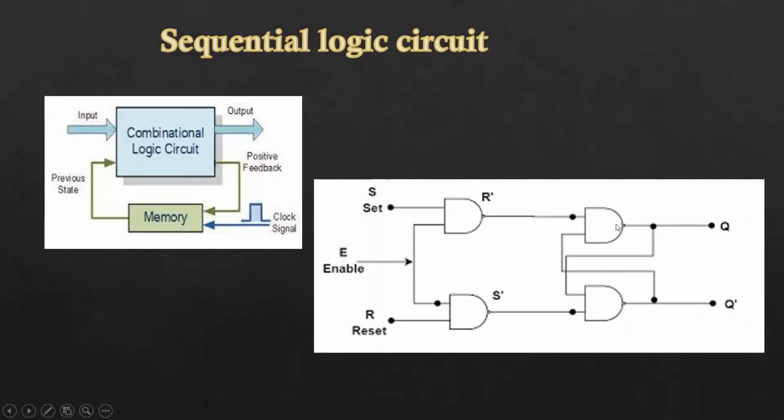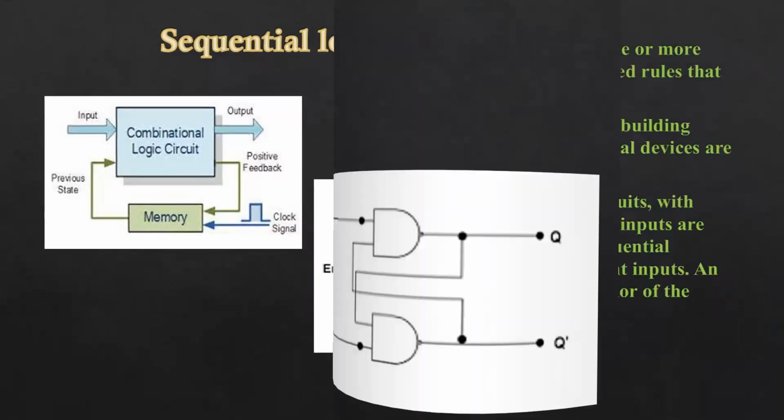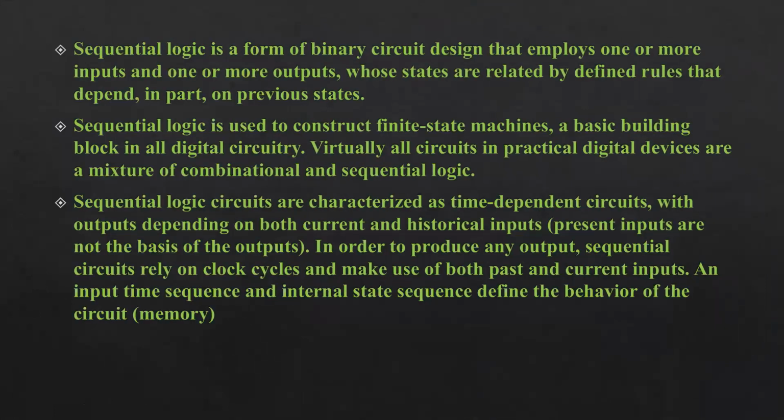And I'll move to the sequential logic circuit. A sequential logic circuit is also a combinational logic circuit with memory. The output of a sequential logic circuit depends on the present input and also on the present state. The present state defines the present output and the next state also.